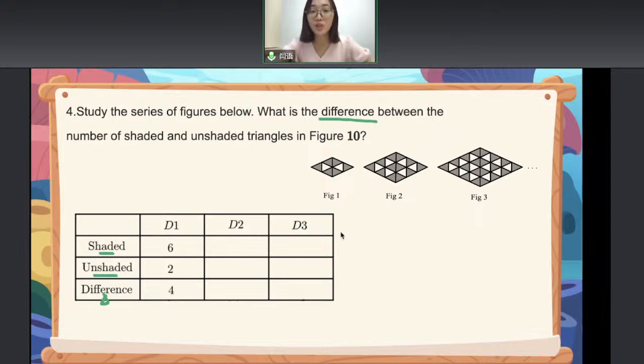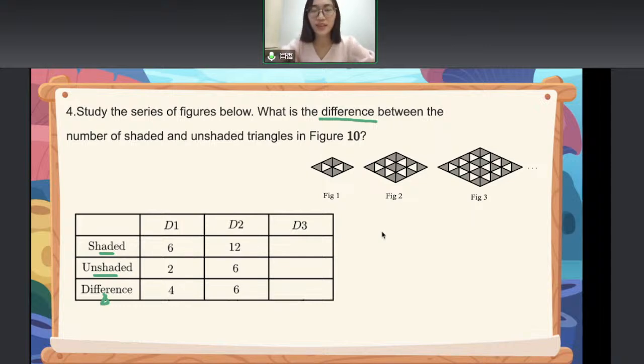Okay, what about the second one? The shaded triangles. Yes, try to count. How many shaded triangles are there? Okay, yes, we have 12. And what about unshaded? Yes, we have 6. So what is the difference between 6 and 12?